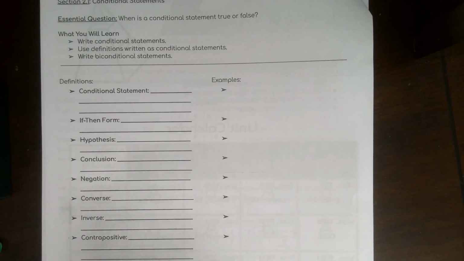Today we're starting off with conditional statements. And when we think of a conditional statement, we are talking about a statement that has two parts, a hypothesis and a conclusion. So right here in the notes, I would like us to write that down.